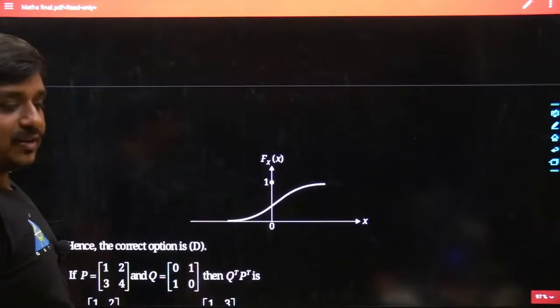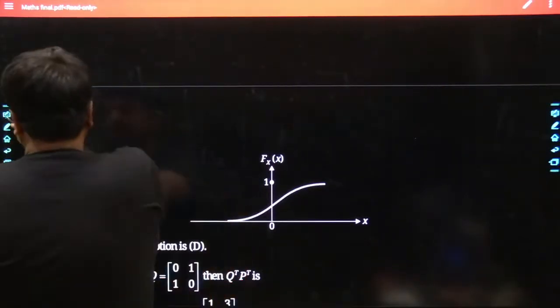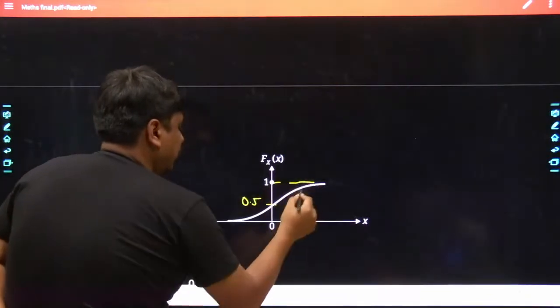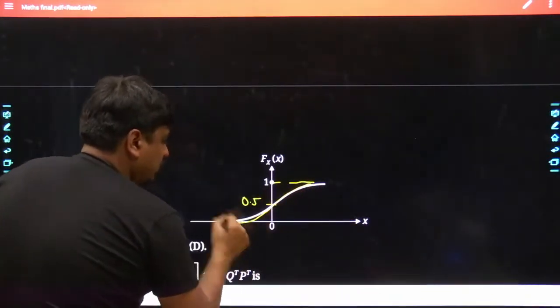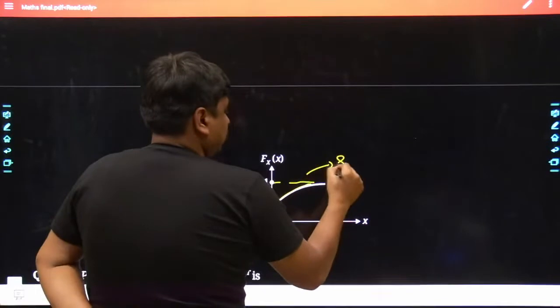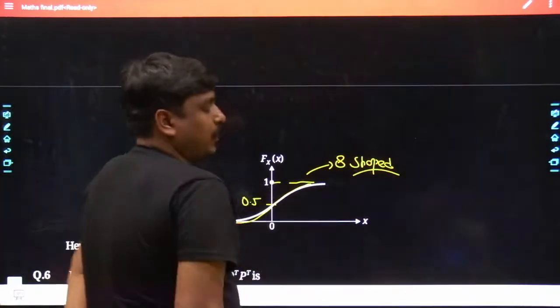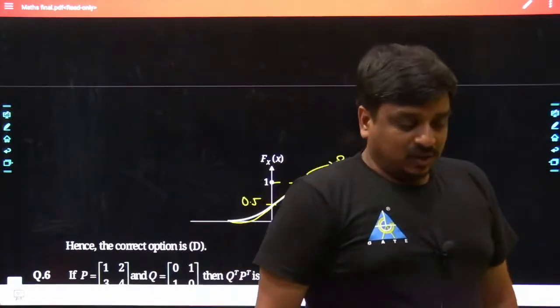So here goes 0.5, here goes 1, and the shape of the structure is S-shaped. Yes, many of the students made a mistake over this problem.